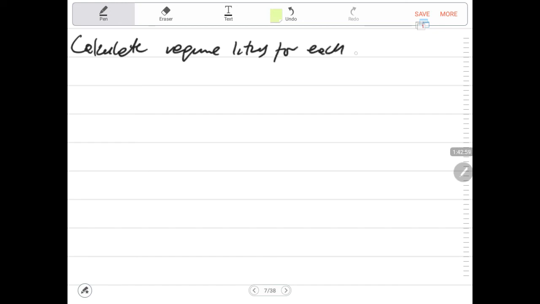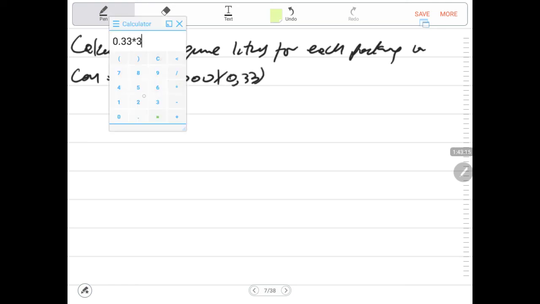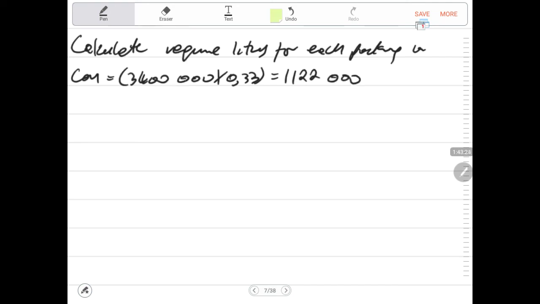For each packaging variation, we have the can, 3,400,000 times 0.33. This gives us 1,122,000. Then we have the body.